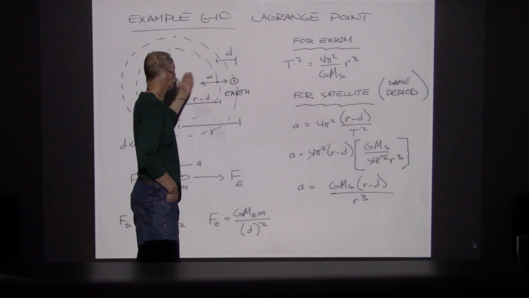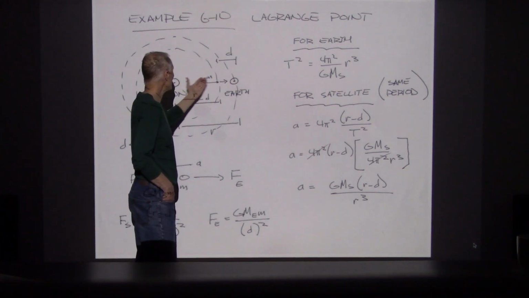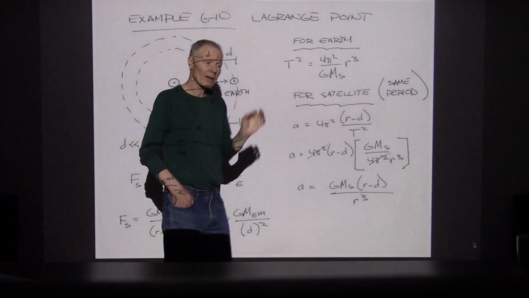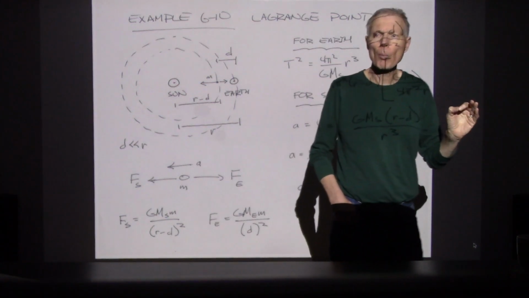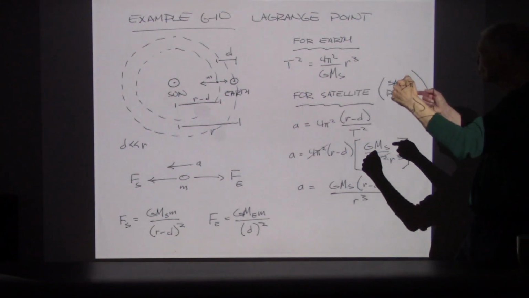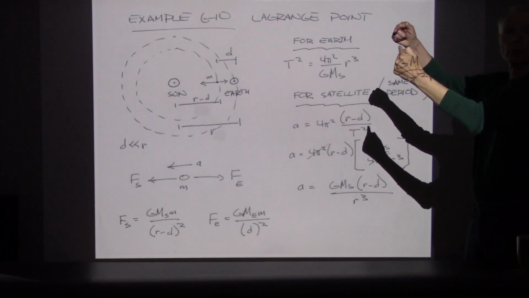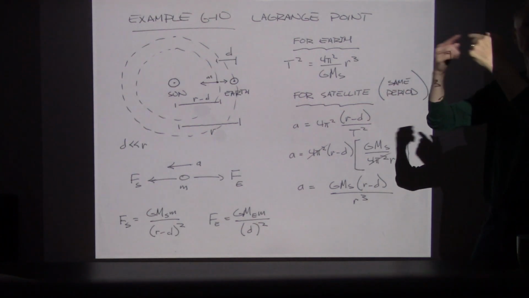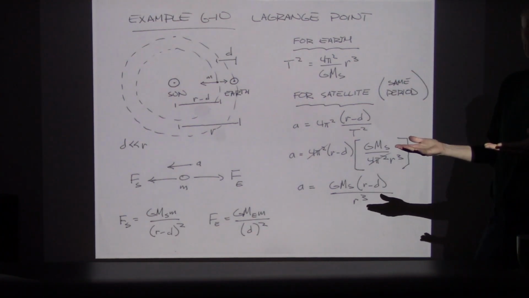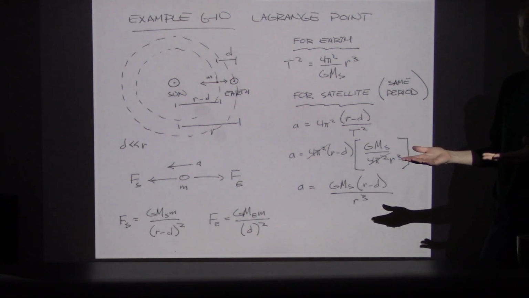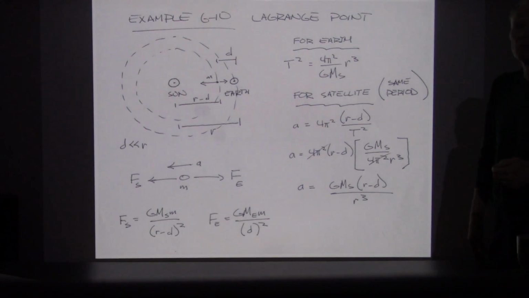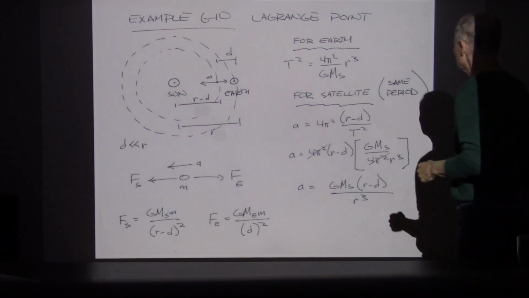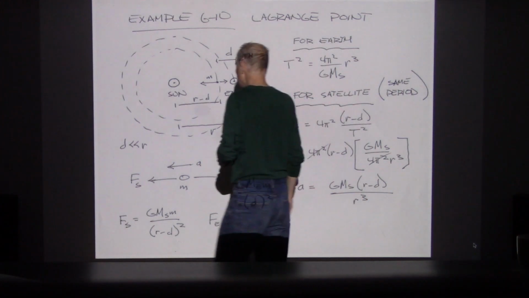There's going to be some point between the Earth and the sun where those effects exactly balance in a way where the satellite will just keep up with the Earth. It'll end up with the same orbital period, so we can keep the satellite at that location. It's not orbiting the Earth, it's orbiting the sun. Okay? And the Earth is helping to have an effect.